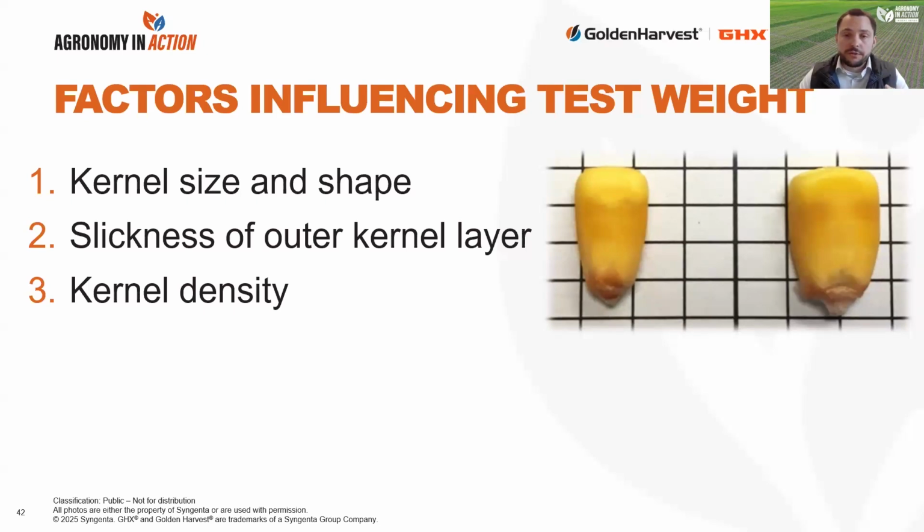The dryness, the kernel density, the amount of starch in the kernels can have a huge factor in what our test weight is, as well as the slickness of how much we can pack into a volumetric area. All of these are affected by our genetics. They can be affected by how the crop grows, management, and ultimately, when you get to the end of the season, how the crop is dried for storage.